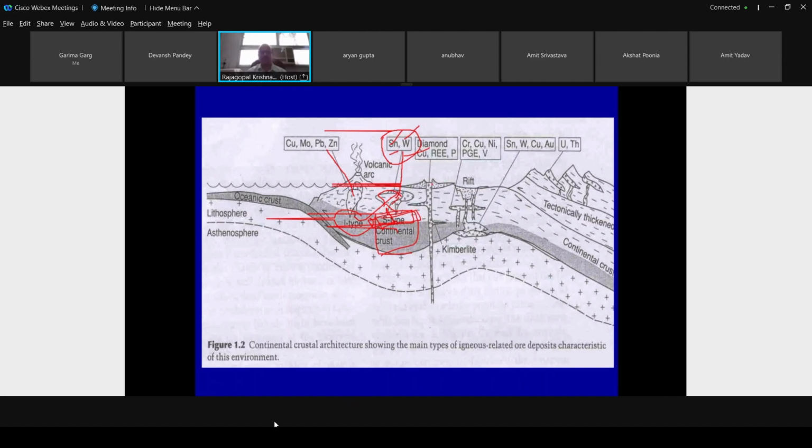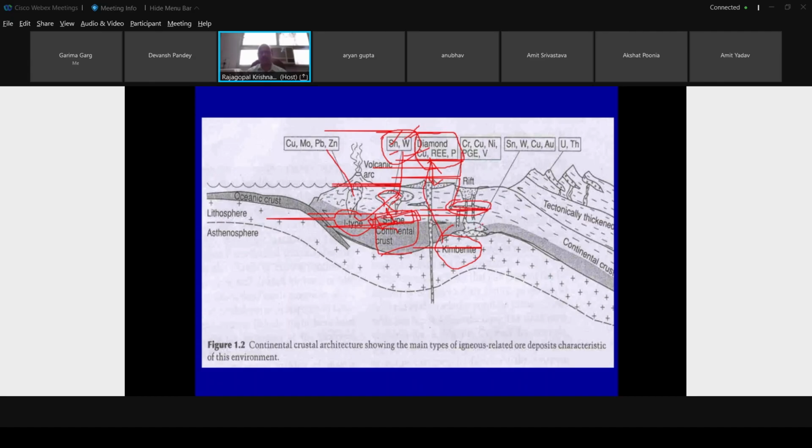Okay, next, diamond. There is a box on diamond. Diamond, copper, Re, phosphorus. It's coming here and it's showing kimberlite. So kimberlites are associated with this type. And this particular box, chromium, copper, nickel, PG, vanadium, is coming here. So these are ultramafic rocks, intrusions.